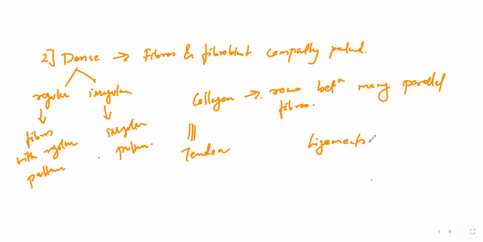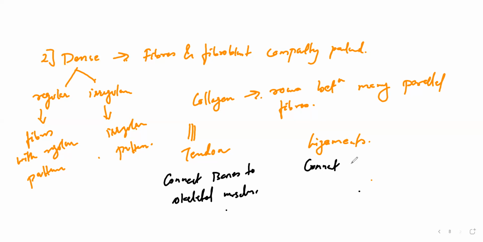So what is the main feature of tendons and ligaments? The main thing is tendons connect bones to skeletal muscles, whereas ligaments connect one bone to another. Very important question this is. Tendons connect bones to the muscles, but ligaments connect one bone to another bone.